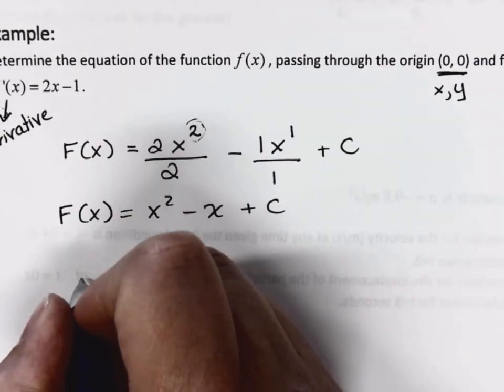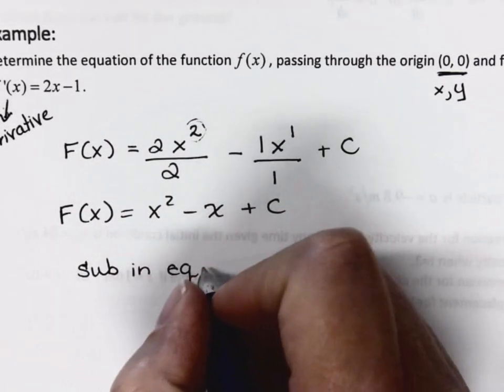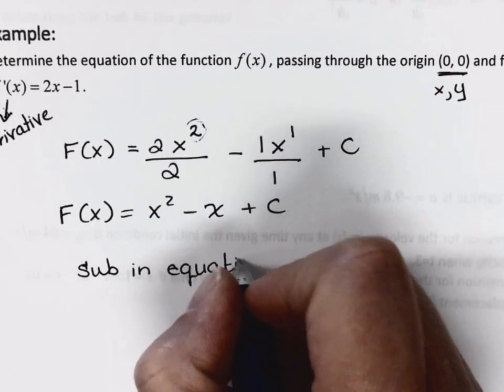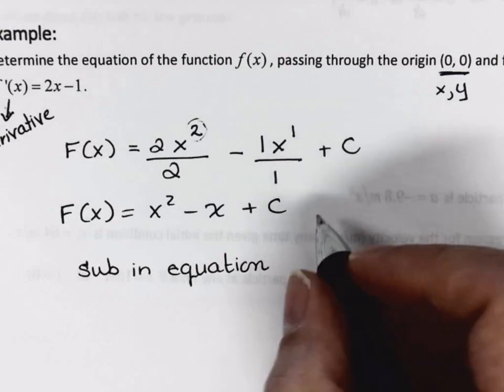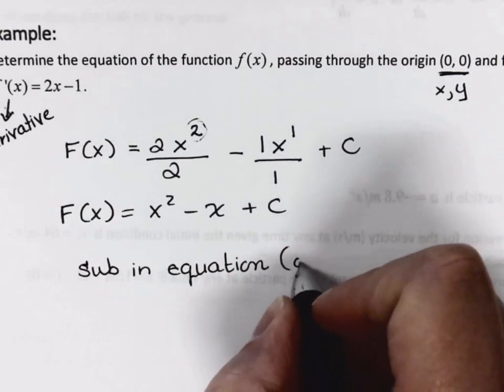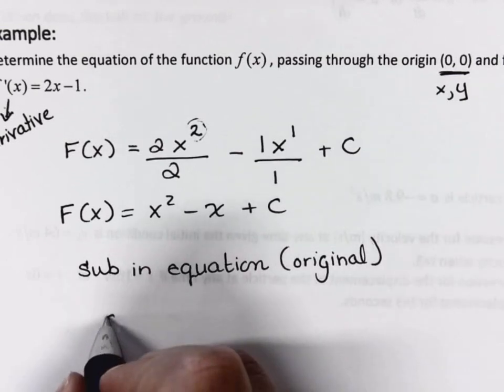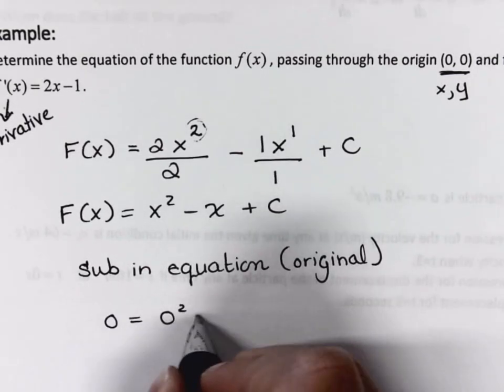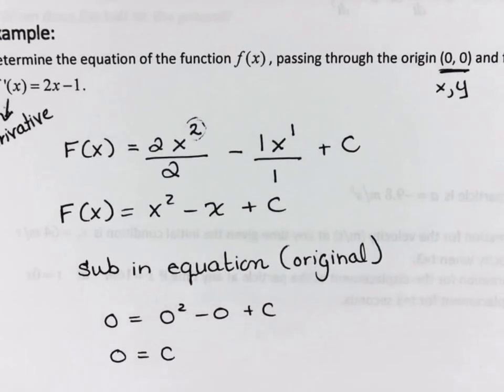So we're going to have 0 equals 0 squared minus 0 plus c. So c is equal to 0.